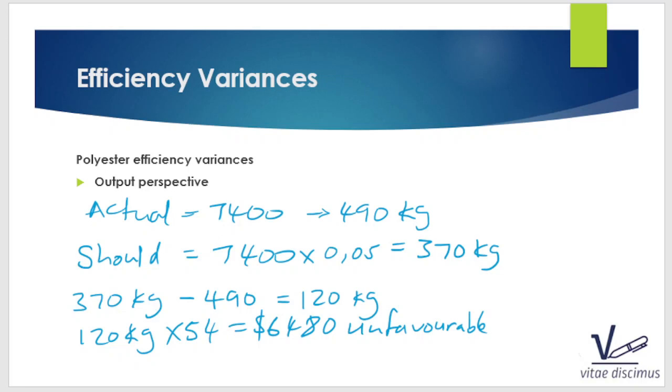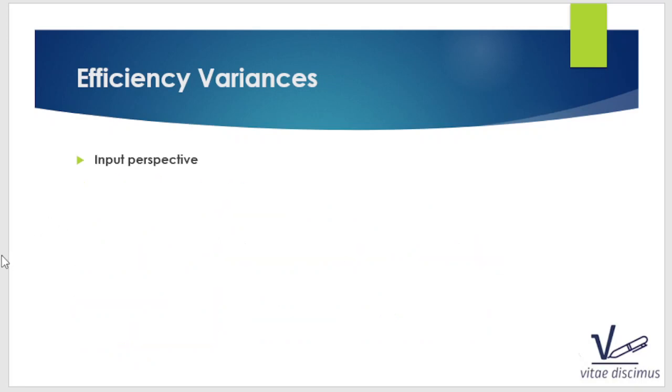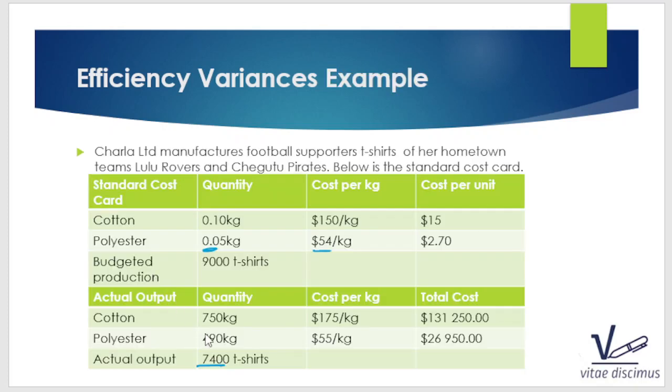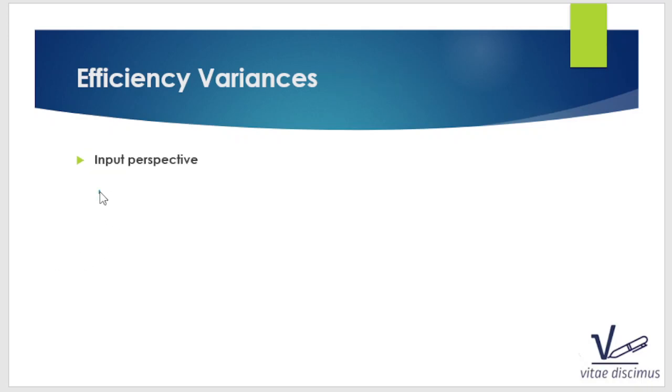Then we want to look at it from an input perspective. In terms of the inputs, 490 kilos were used to produce these 7,400 t-shirts, right? So we want to look at how many t-shirts they were supposed to produce if they were using 0.05 kilograms per t-shirt.